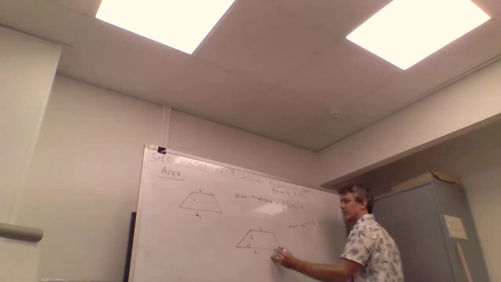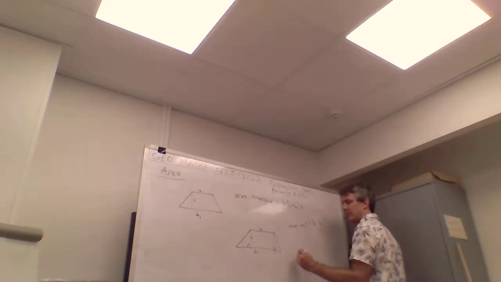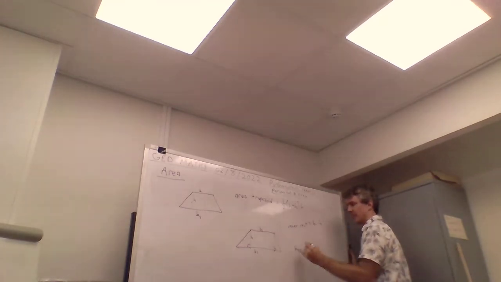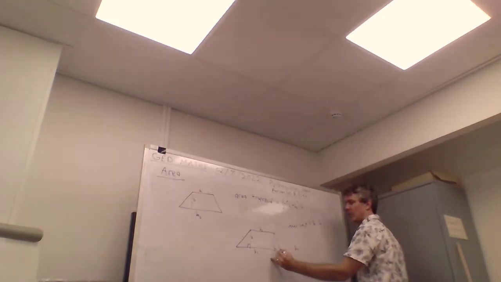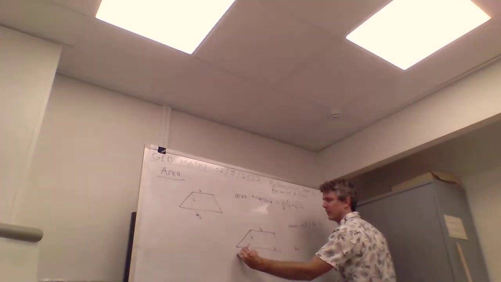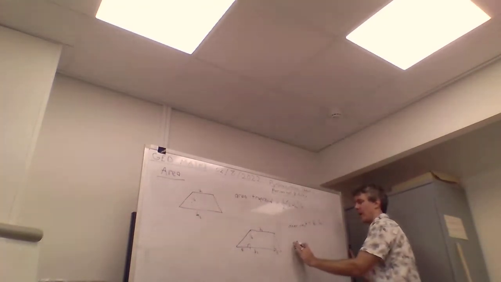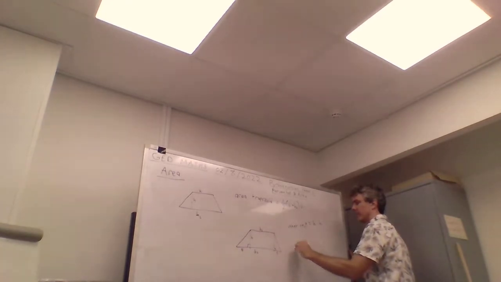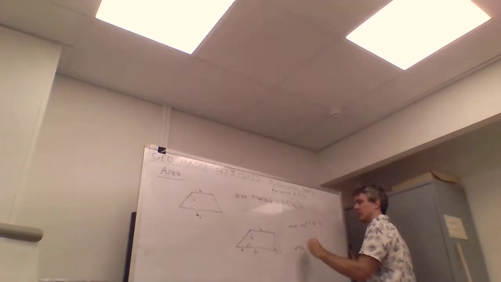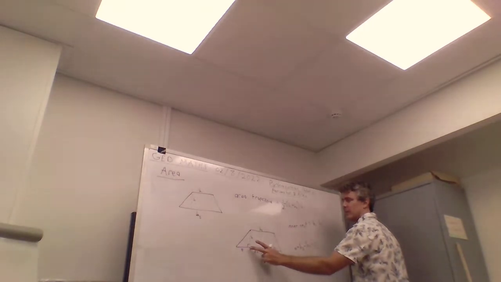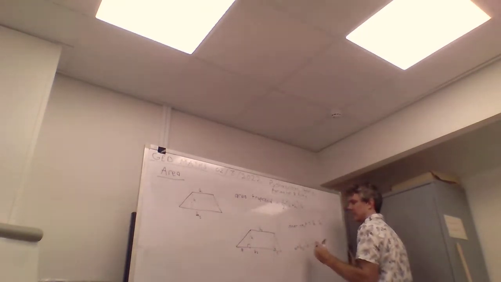And what we need to think of is basically it's B2, minus, let's call this one A, and this one C. So A equals B2 minus B1 minus C, because this is B1, and this is C.